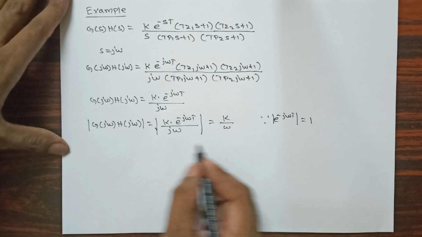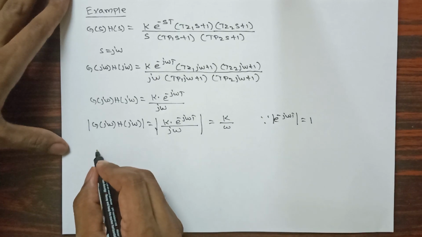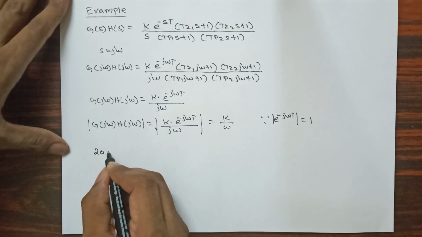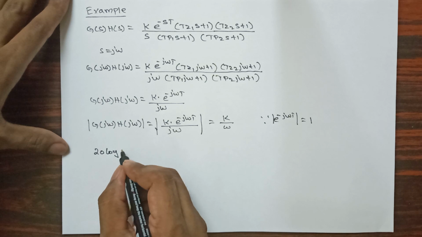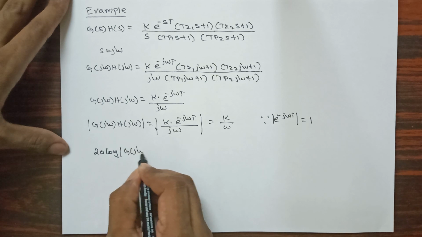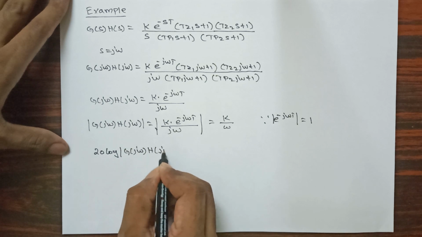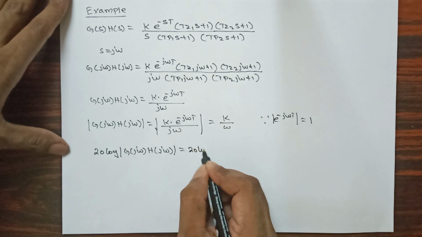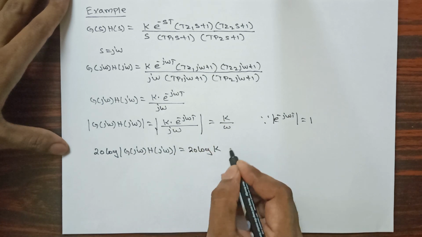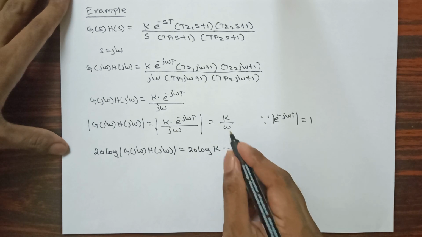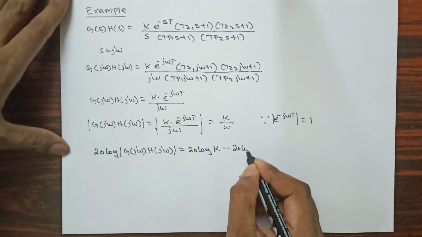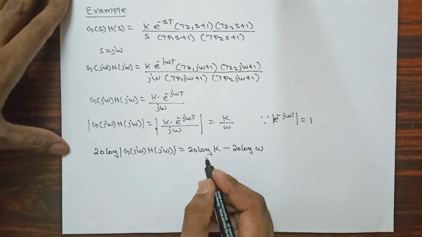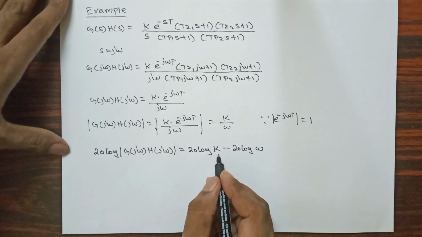Now as we know that to get the value in decibels, I will be applying 20 log on both the sides. So 20 log of g of j omega into h of j omega is equivalent to 20 log k minus, for the denominator, minus 20 log omega. If the k value is given, we will substitute that k value.